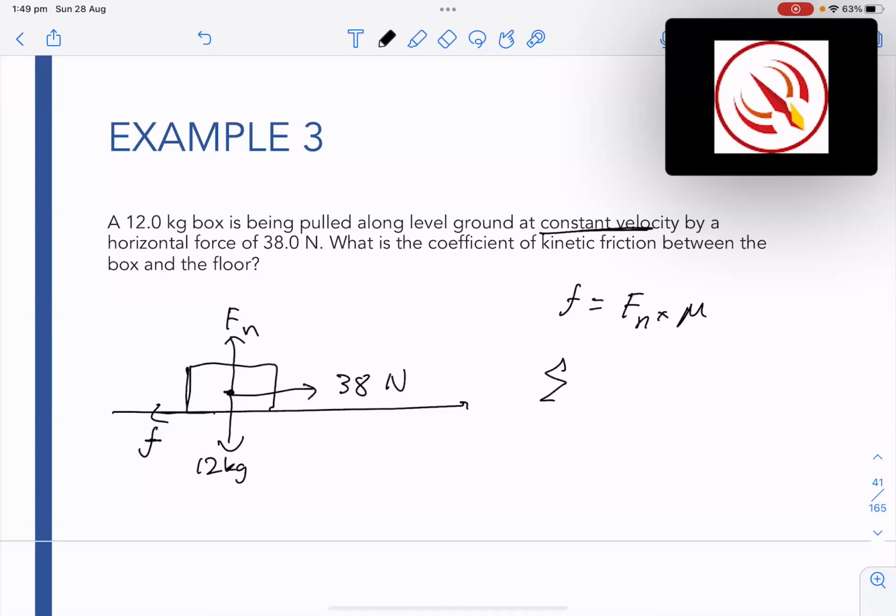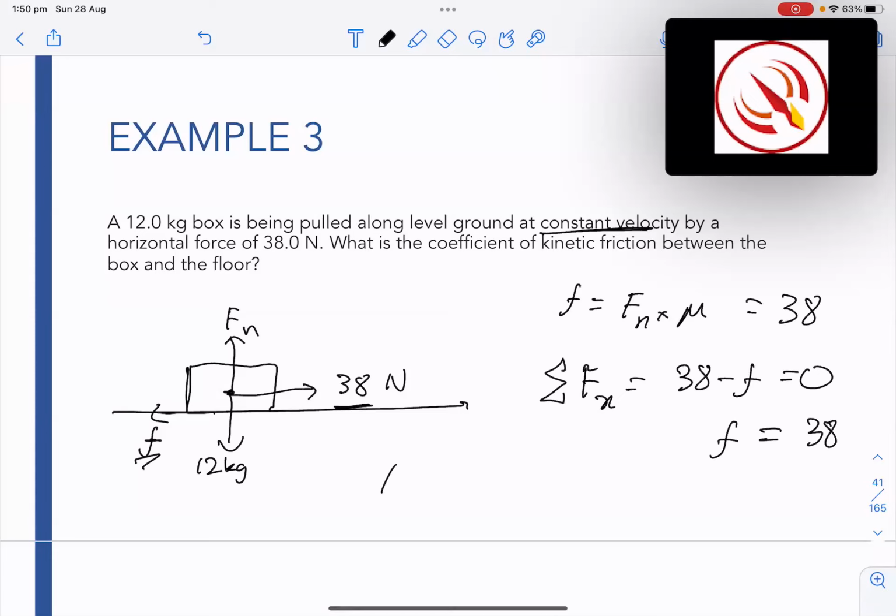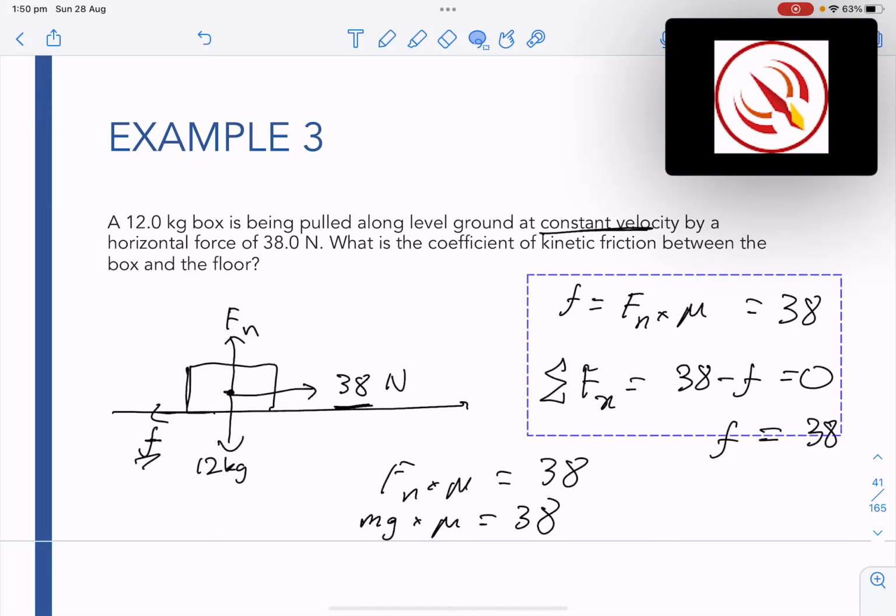If we sum all the forces in the x direction, it's 38 and the friction. So 38 minus friction is 0, so friction is also equal to 38 newtons. If Fn times the friction coefficient is equal to 38, and Fn is equal to mass times gravity, because it's a response to a weight force, then mg times mu equals 38.